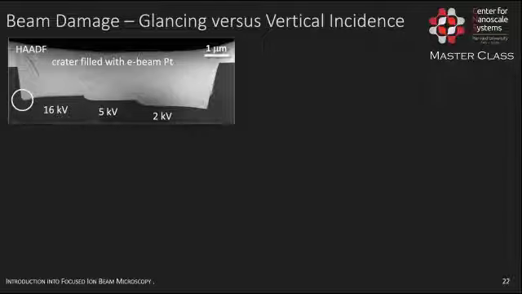If we now go to even lower voltages, then you can start to see that the original 15 nanometer wide damage zone is shrinking more and more. And only at 1 kilovolt, I want to point out that there is no direct evidence for amorphization.